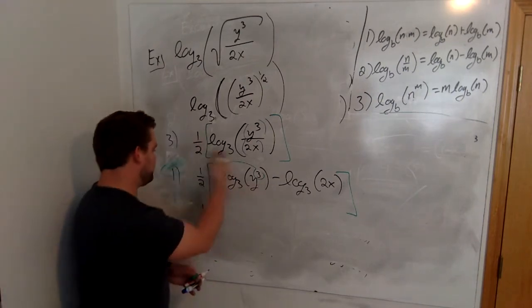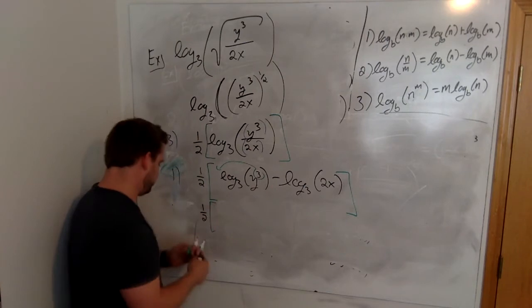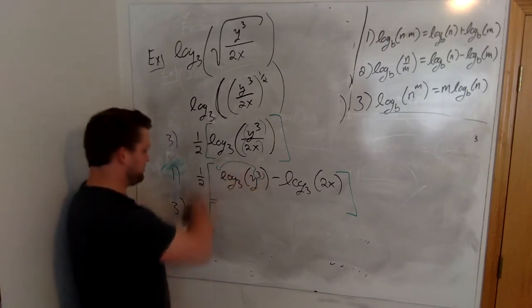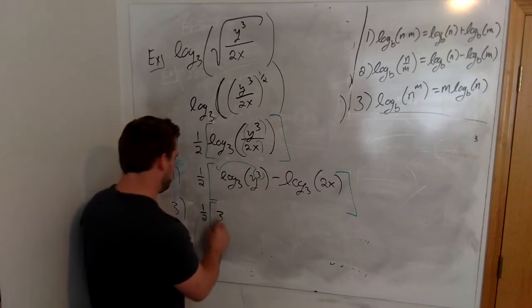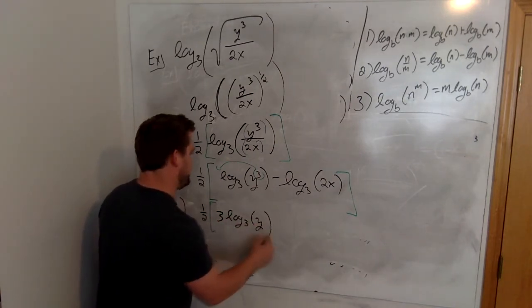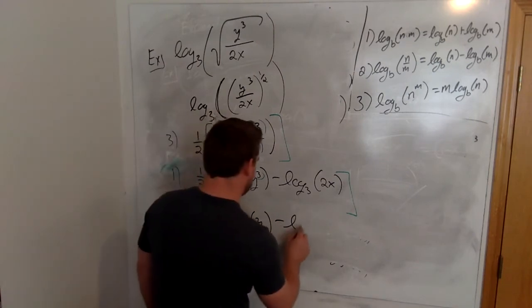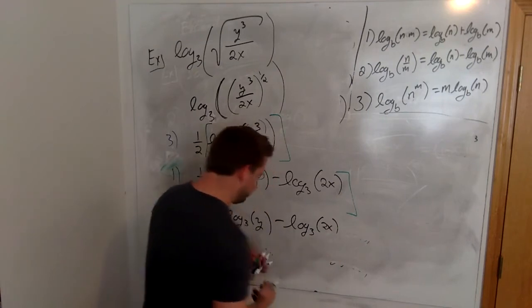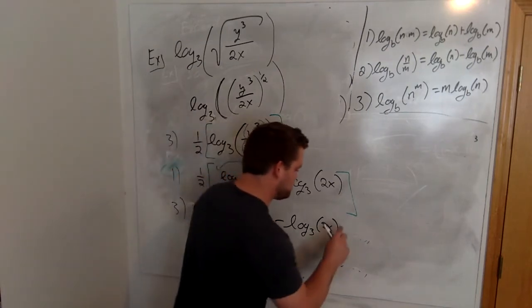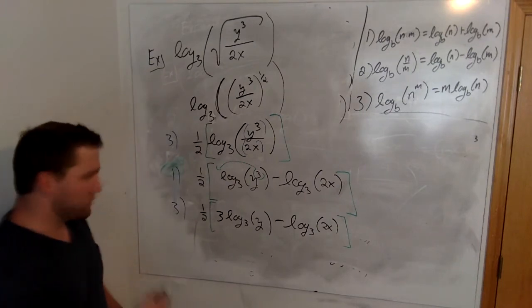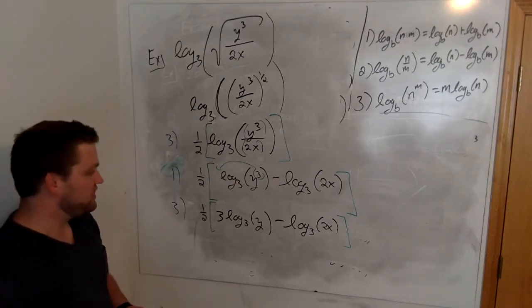And now I'm using log rule 3 to bring this 3 up front. So this is the same thing as 3 times log base 3 of y, minus log base 3 of 2x. You can do multiple steps in these problems when you're doing this at home. Just be careful. I'm doing kind of one step at a time to try to show as much gory detail as I can.